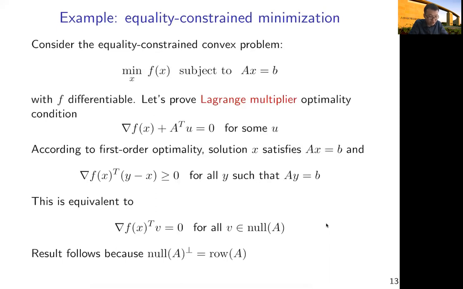If you can construct such a u for a particular x, then that certifies that x is optimal. And if you can solve this equation jointly with unknown variables x and u, then you can identify the optimal solution. So let's apply the first order optimality condition here and see that this is actually the case.